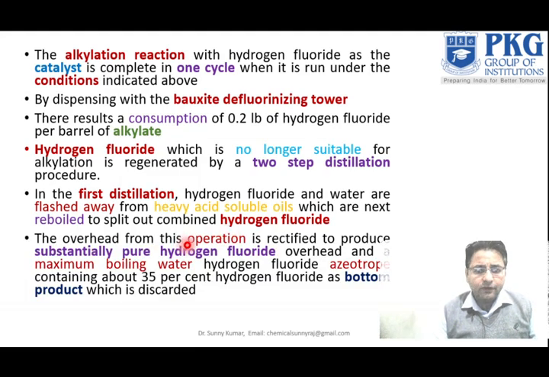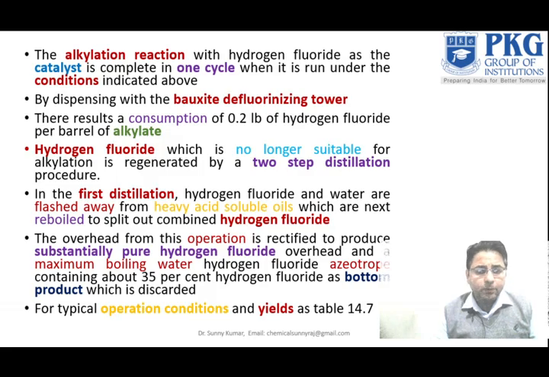The overhead from this operation is rectified to produce sustainably pure hydrogen fluoride overhead, and a maximum boiling water-hydrogen fluoride azeotrope containing about 35% hydrogen fluoride as bottom product, which is discarded.